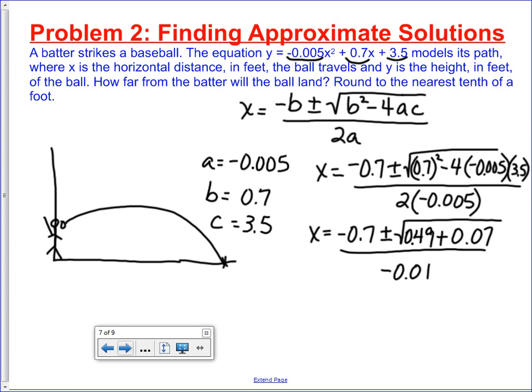All right, let's add together what we have under the radical sign. So I have x equals negative 7/10 plus or minus 49/100 plus 7/100, which would be 56/100.